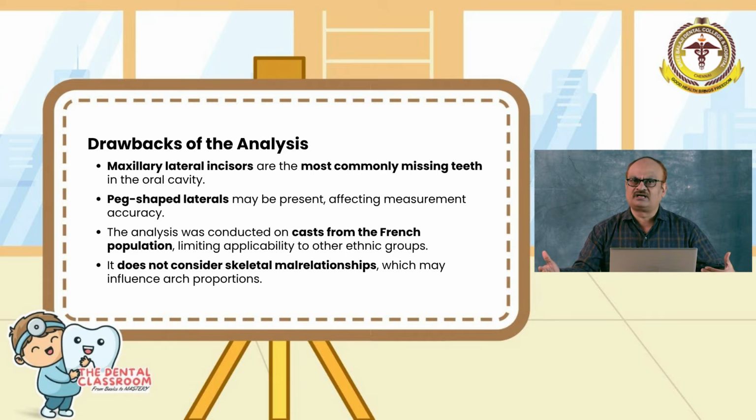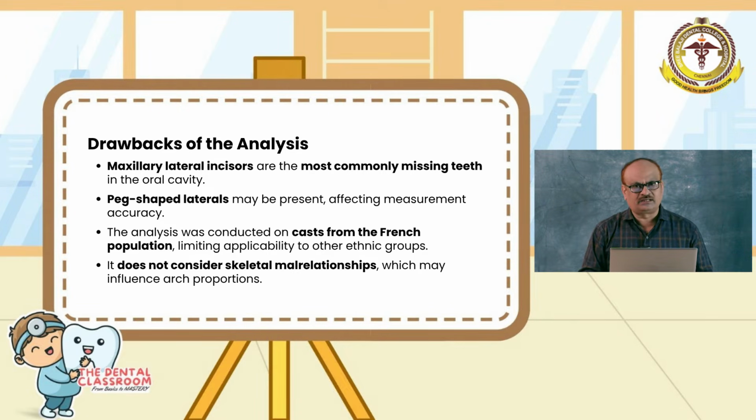As we saw in our earlier two discussions, to make a perfect alignment we have to consider whether the total tooth material matches the given width or arch perimeter. And it is measured only on the maxillary arch, so it does not consider the mandibular arch relationship, and the teeth may be malposed.